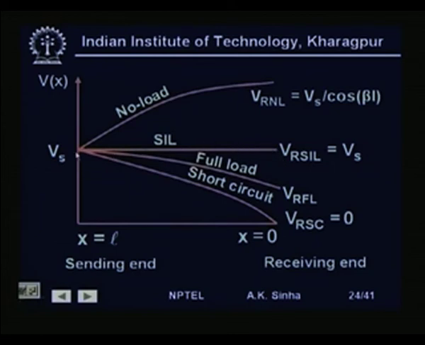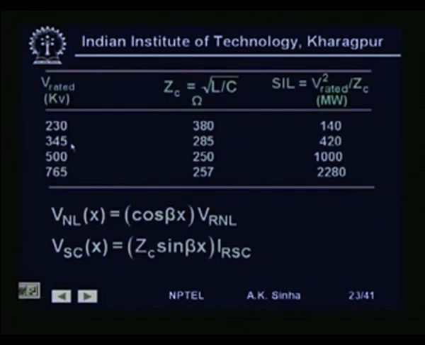If the line is unloaded, then the sending end voltage Vs, or V no load, at any distance x, which we can write as at distance L, is equal to cos beta x or cos beta L for the sending end voltage into VR.